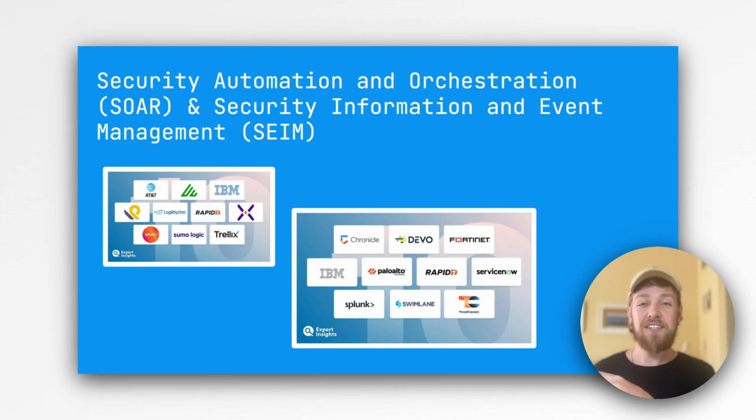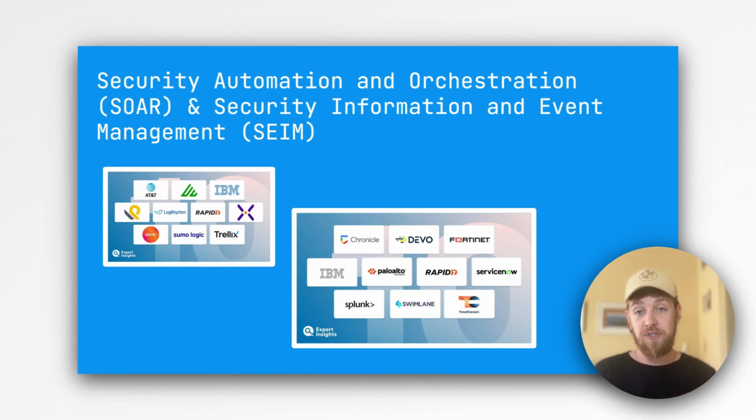Security orchestration, automation and response, and security information and event management. And these are two solutions that can work together. SOAR solutions allow various security systems to work together. They can provide automated responses to common threats, which is great in a zero trust environment where you need to react very, very quickly.